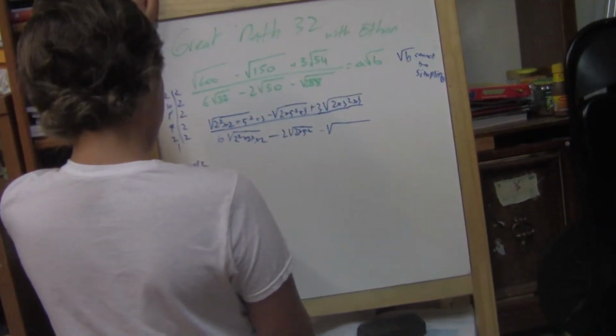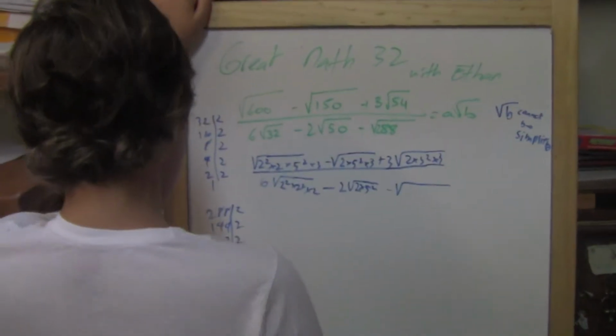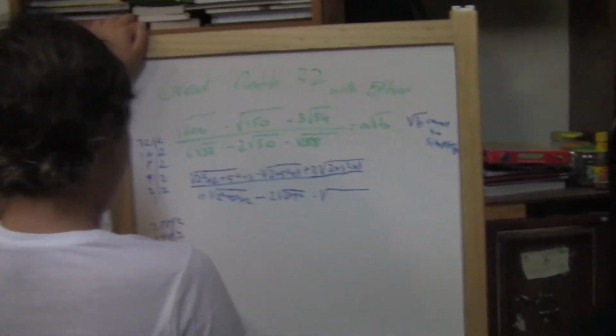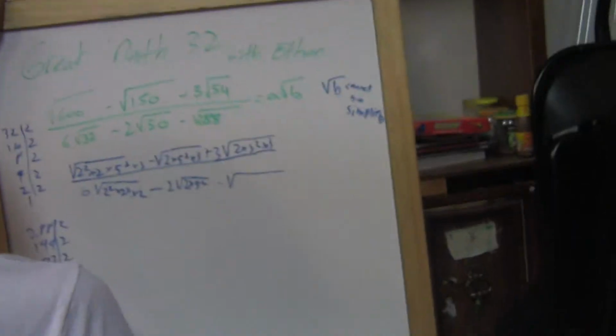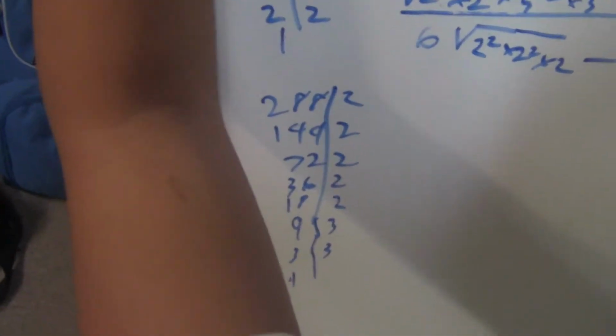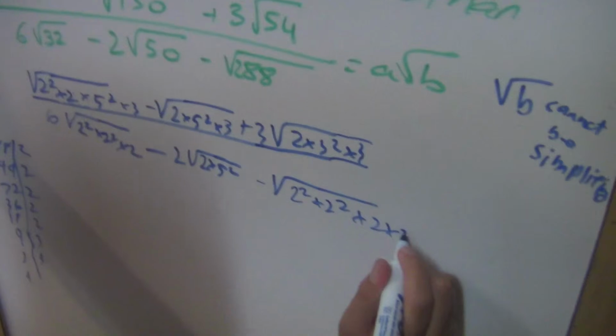And then 9 divided by 3 is equal to 3. Then the 3 divided by 3 equals 1. So basically 2 squared times 2 squared times 2 times 3 squared.